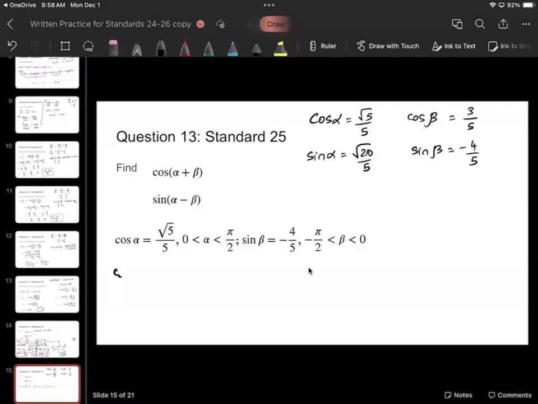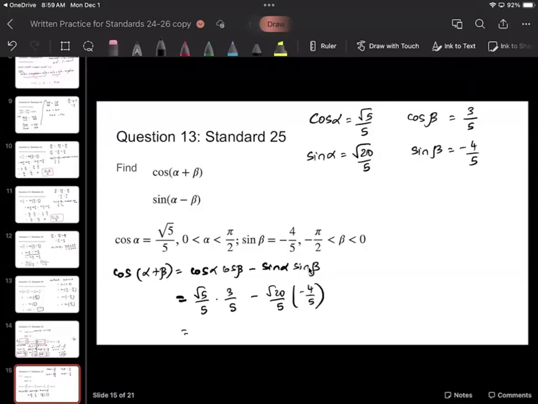So now I write the formula for cosine A plus B as cosine A cosine B minus sine A sine B. I set it up. What is cosine A? Root 5 over 5. Cosine B, 3/5 minus sine A, root 20 over 5. Sine B, negative 4/5. So then what I have is 3 root 5 over 25 plus 4 root 20 over 25.